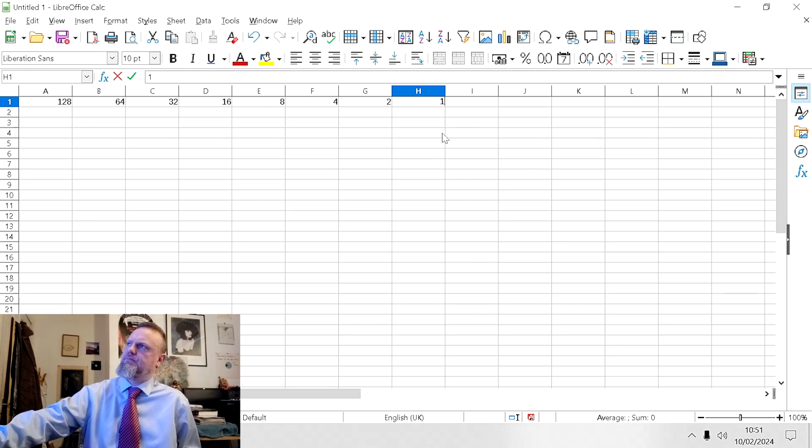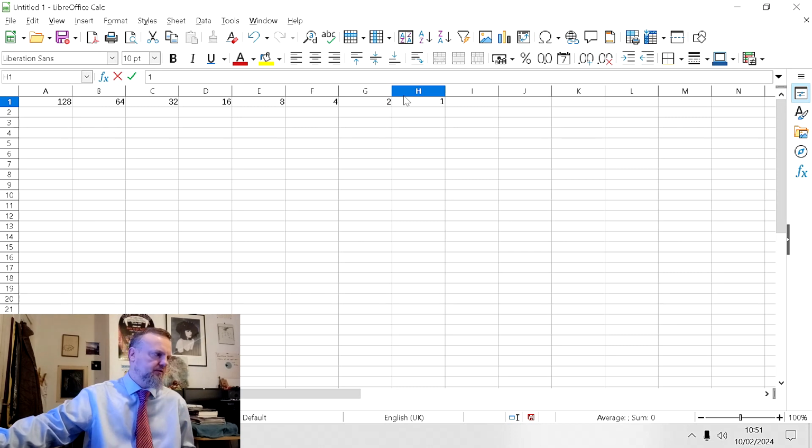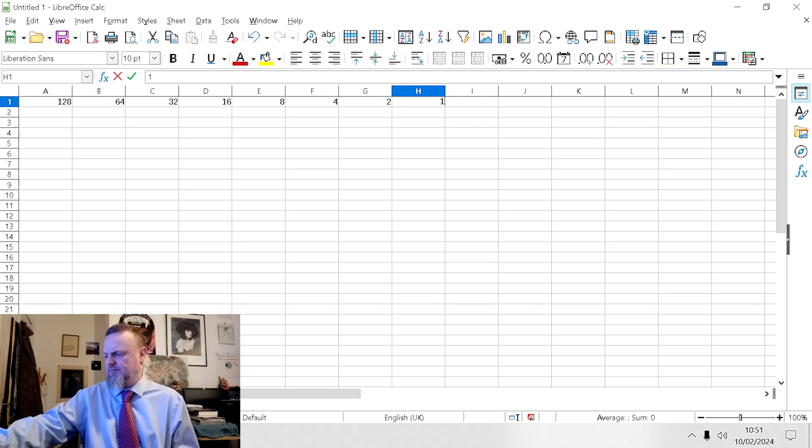When you're working with bytes or words or D words or Q words, a bit is just a 1 or a 0, 4 bits is a nibble, 8 bits is a byte, and 16 is a word, 32 is a D word, 64 is a Q word, and so on. Even to this day, where we tend to use 64-bit data buses, we still tend to talk to our computers in bytes, which are 8 bits.